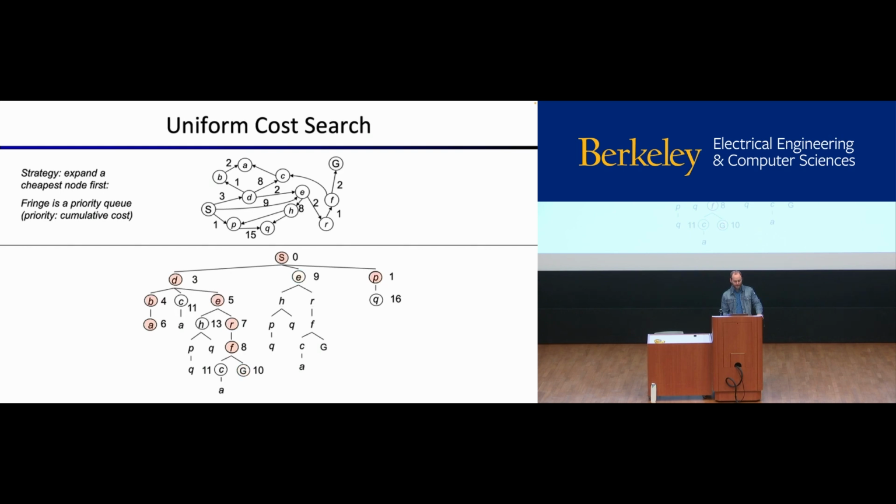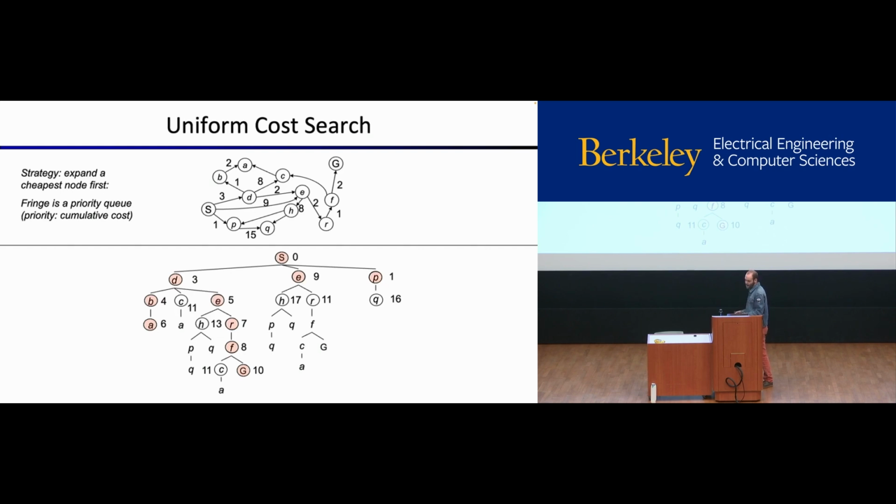And something happened there. You might have noticed, we've just added the goal to the fringe, but we keep going. So this goal has a cost of 10, but now we expand this one that has a cost of 9. And now we go to the goal, because now 10 is the lowest cost thing, and now we return it.